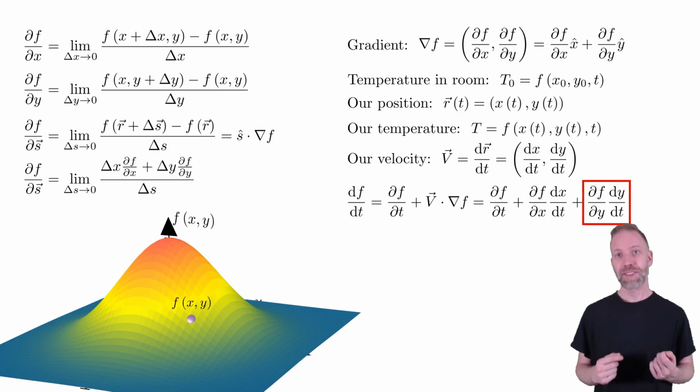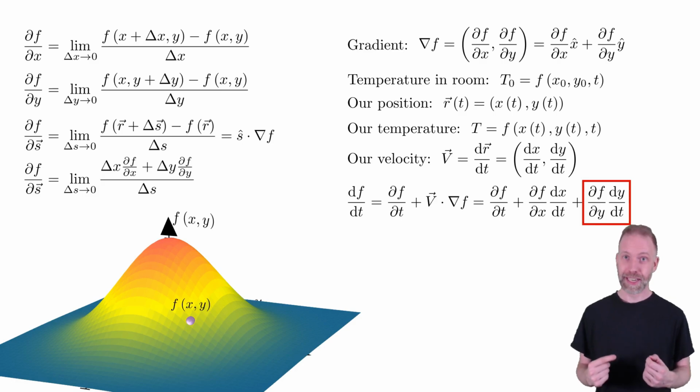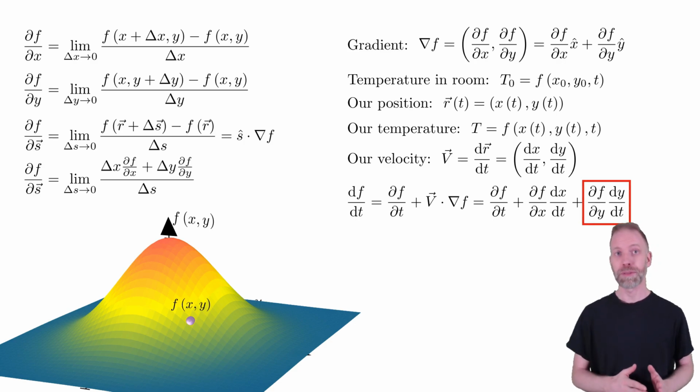And finally, the y term represents the change in temperature we experience by moving in the y direction. The difference between partial and total derivative is therefore that the partial derivative only considers changes in temperature in the room, while the total derivative also considers that the temperature changes if we move to a different position within the room.